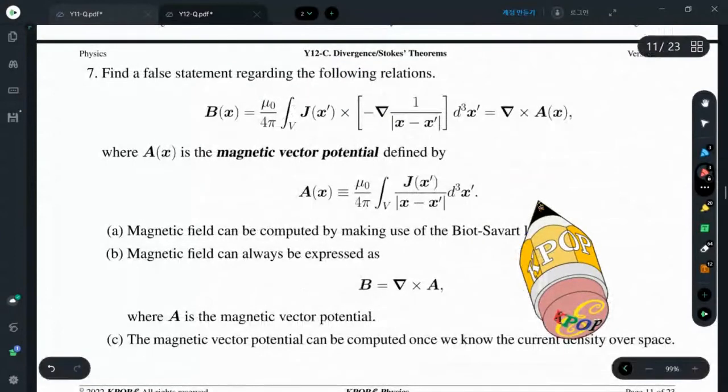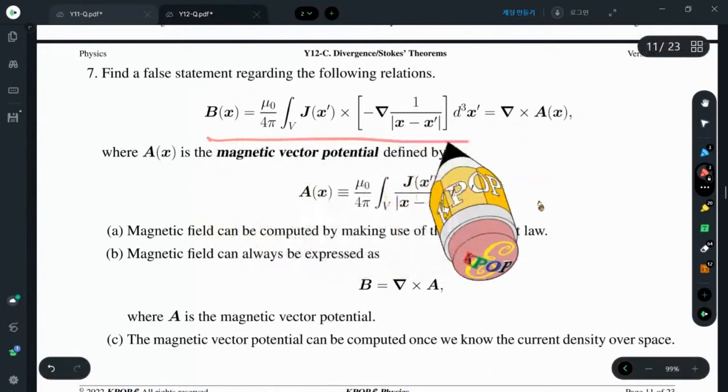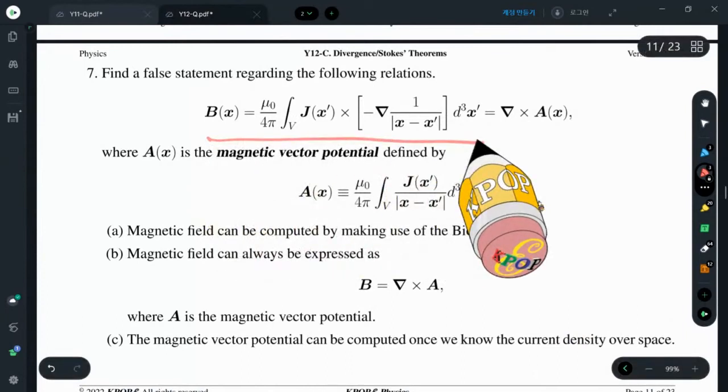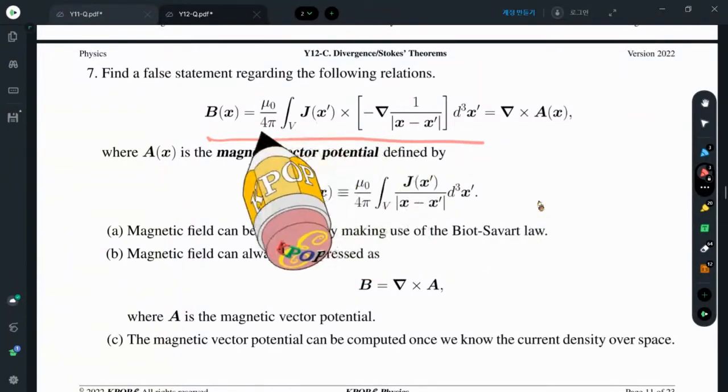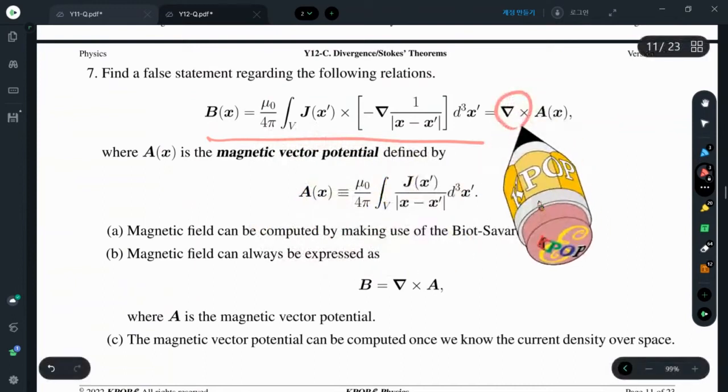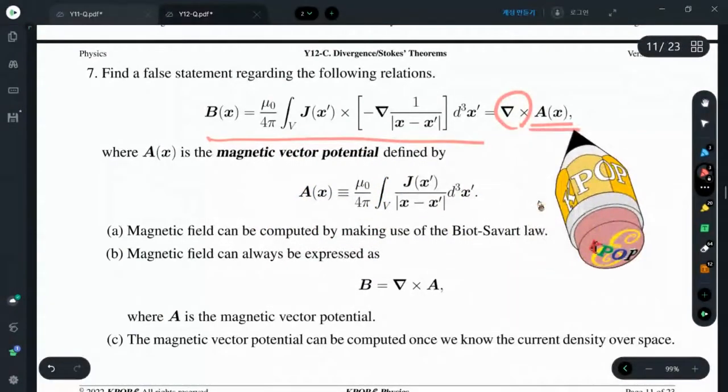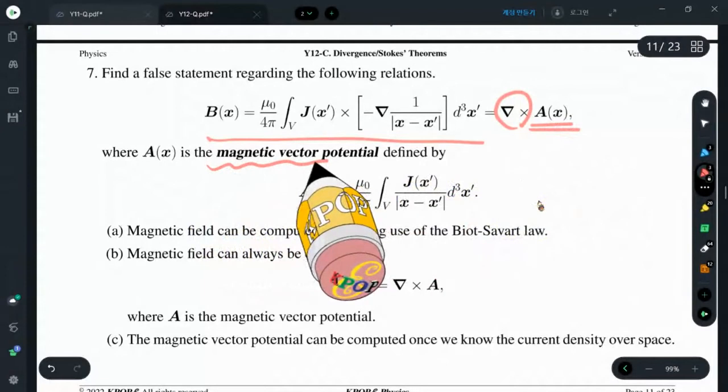The magnetic field can be expressed like that. What's that? It is according to Biot-Savart law, and you will find it is nothing but the curl of a vector potential.